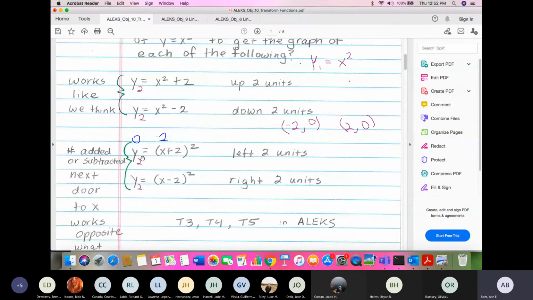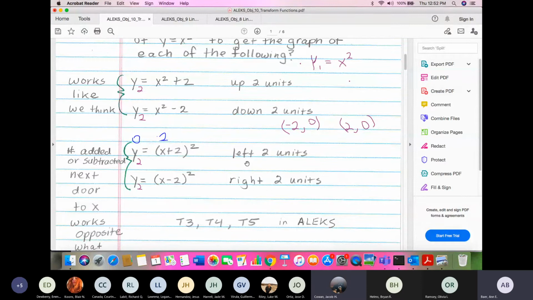This side is just 0. This time we get 2 plus 2, which is 4, squared, which is 16. 0 equals 16 is a false statement. Even though our intuition probably tells us to go positive, we have to go negative. We have to do the opposite. We have to go left 2 units. Does that answer your question?